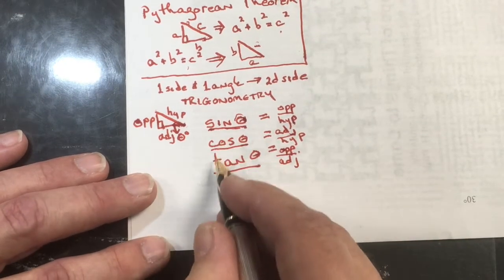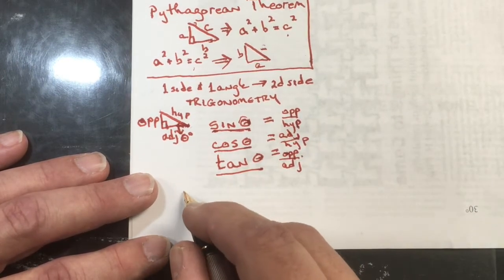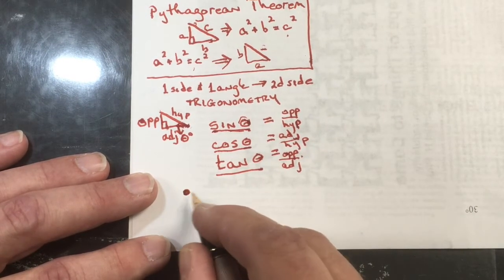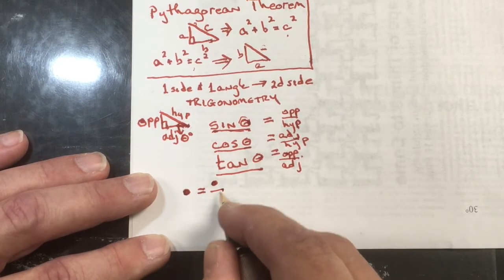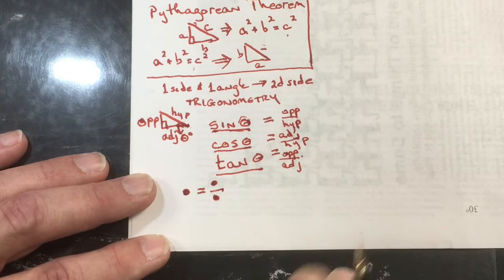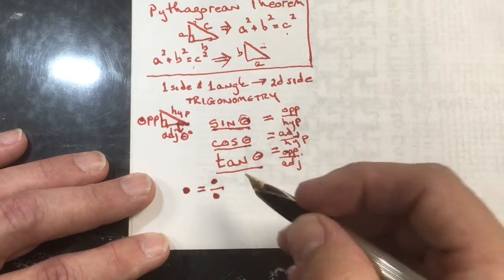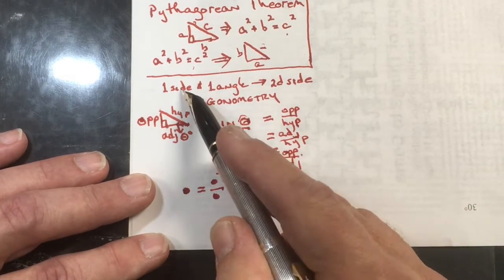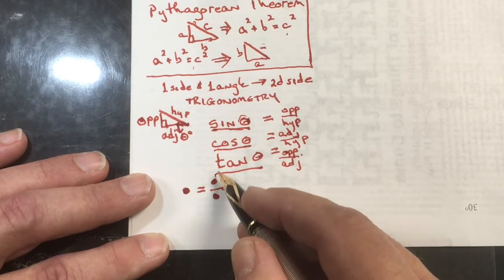Now, whatever number this is, and whatever numbers these are, it's always going to look like some number is equal to some number over some number. Always going to look like that. How would I find this? The only thing that's going to be different, if I've given you one side and one angle, is whether or not it's on the top or the bottom.